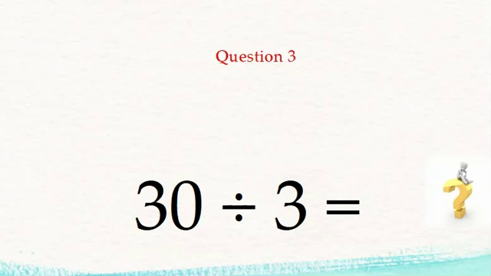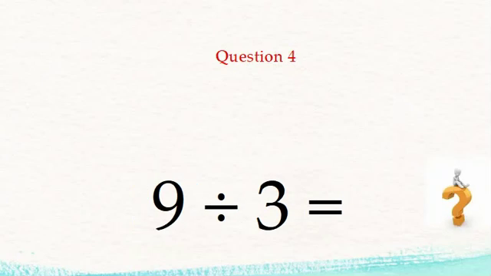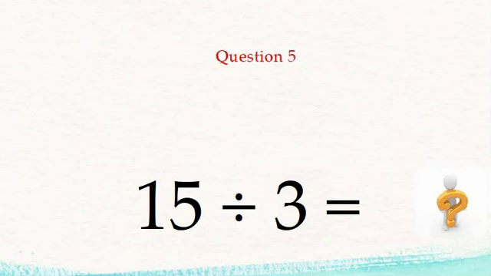Question 3. 30 divided by 3 equals. Question 4. 9 divided by 3 equals. Question 5. 15 divided by 3 equals.